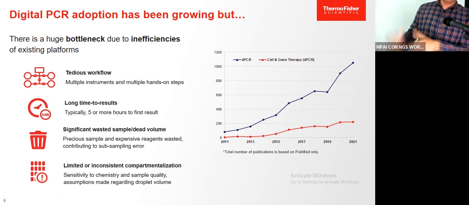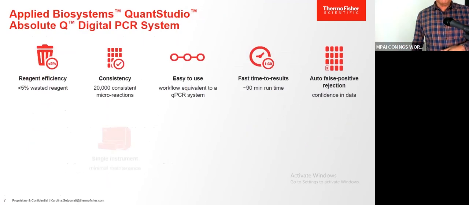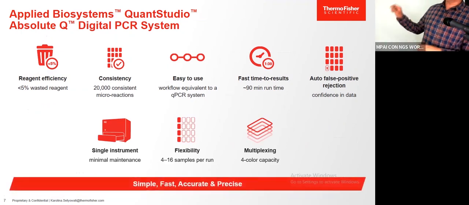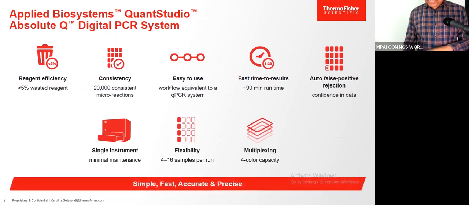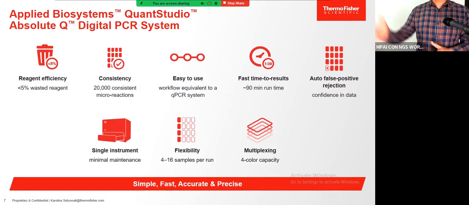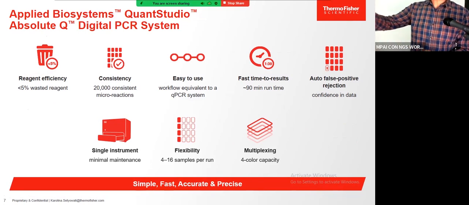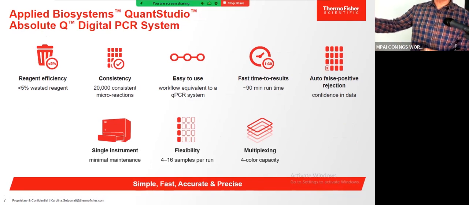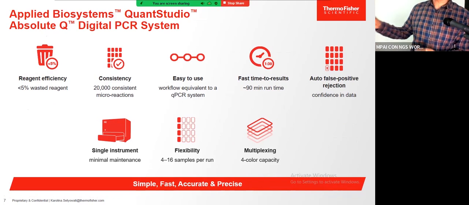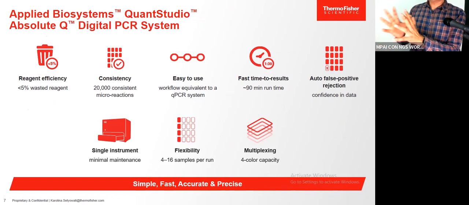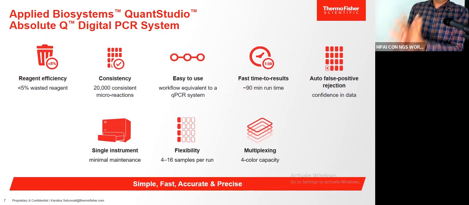frequency of detection. To address all these issues, we came out with the QuantStudio Absolute Q. In terms of reagent efficiency, meaning how much you load and how much of it participates in the reaction, more than 95% of your reaction is compartmentalized, which means I get the complete picture.